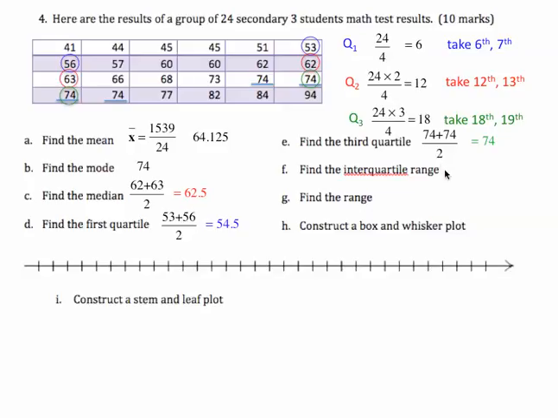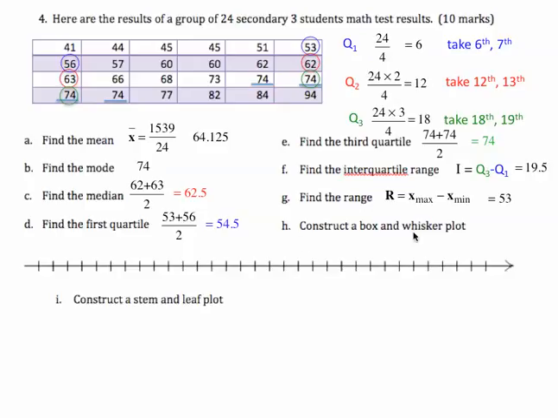The interquartile range is the third quartile, 74, minus the first quartile, 54.5, and that gives me 19.5. The range is the x max take away the x min, so the biggest number take away the smallest number: 94 take away 41, which is 53.